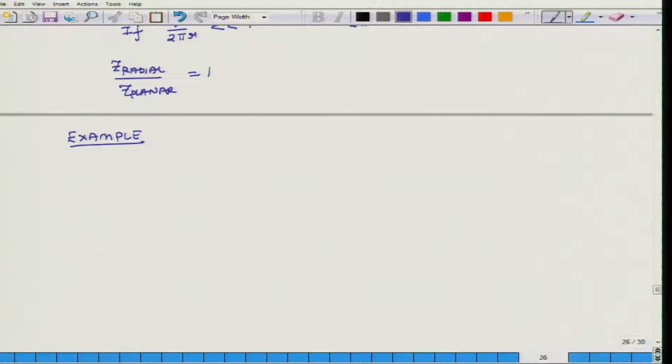So, we consider that frequency is 100 hertz and we know that the velocity of sound is 345 meters per second. So, lambda comes to be 3.45 meters. So, lambda over 2 pi equals 0.5491.